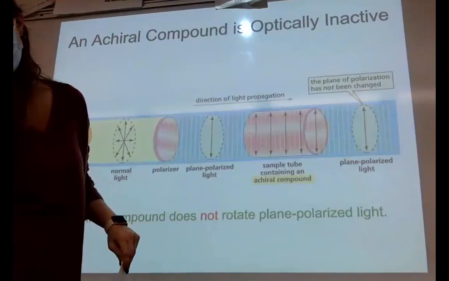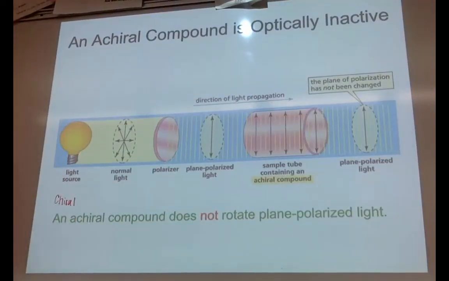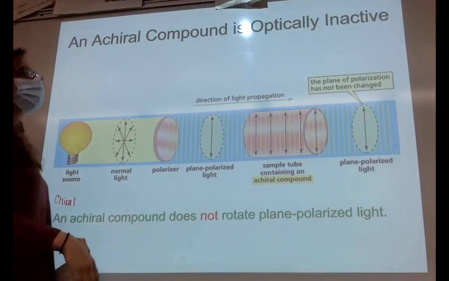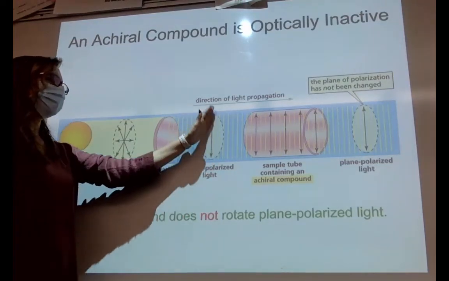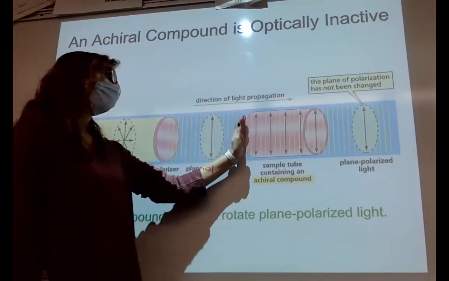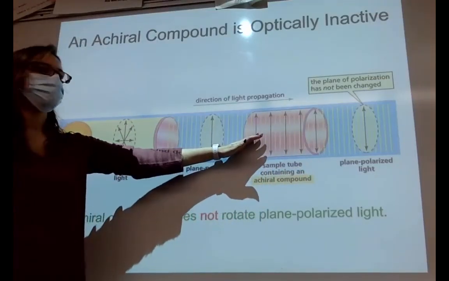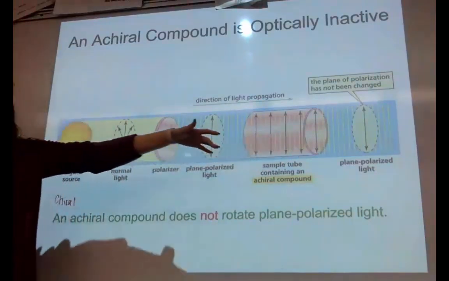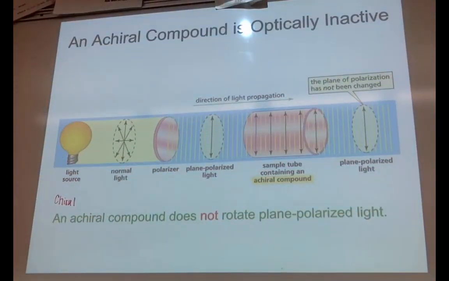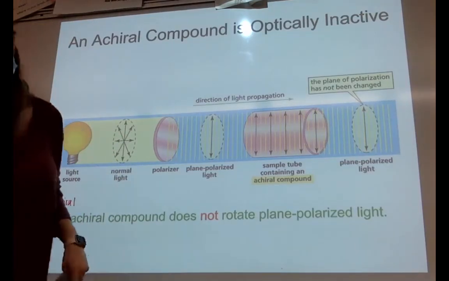Now, how it relates to chiral molecules is that an achiral compound, something that's not chiral, is optically inactive, which means we have this plane polarized light shining in a single direction. Here's a sample that has an achiral compound. The light is still shining in the single direction. So if you're not sure if something is chiral or not, you can shine light through it and see if it rotates the light.